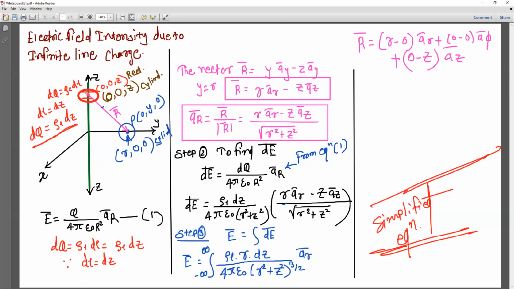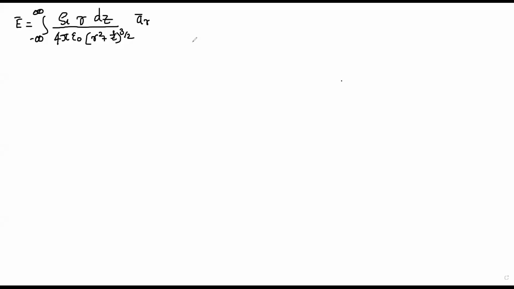So from dQ to origin, origin to P, this triangle I'm going to draw once again, which is actually a right angle triangle. So if I draw it here, this is your Z, this is your radius, that is the distance from origin to the point P, and this way I can complete the triangle.